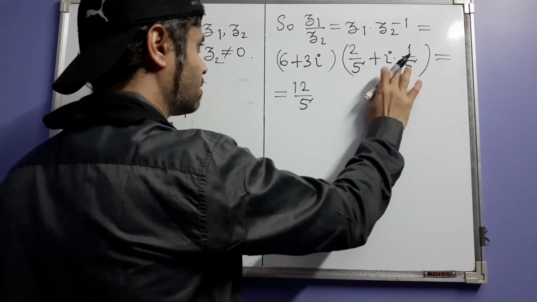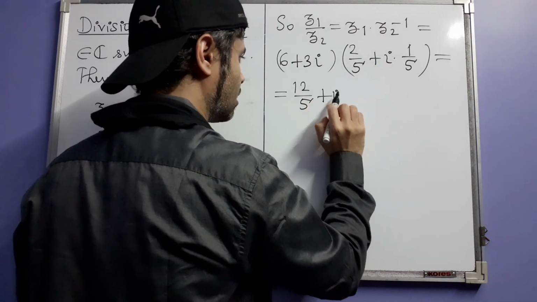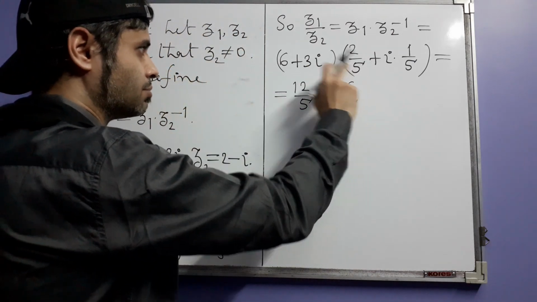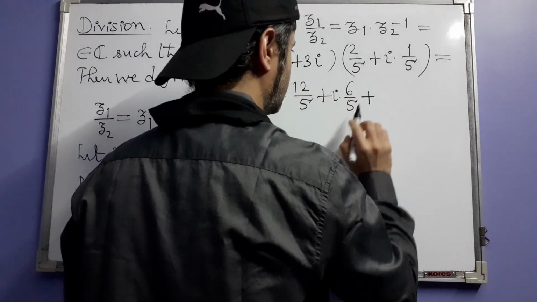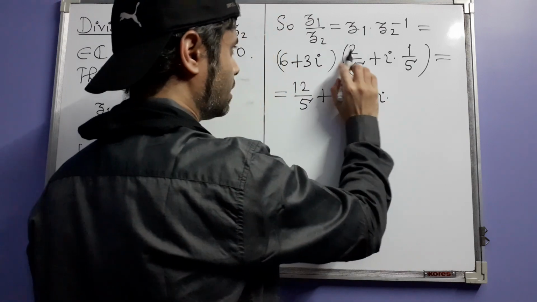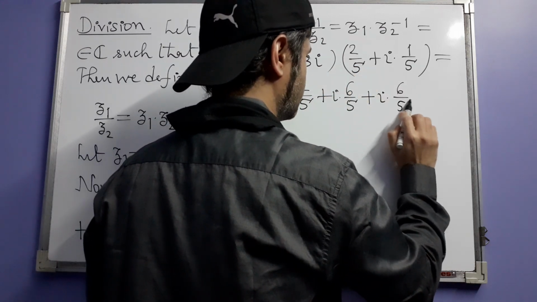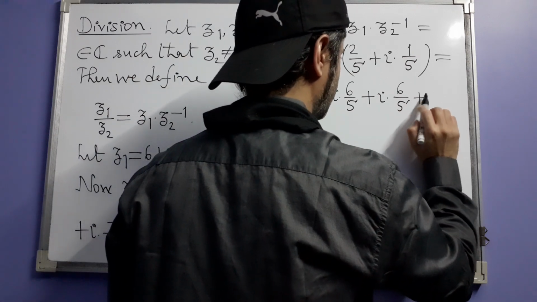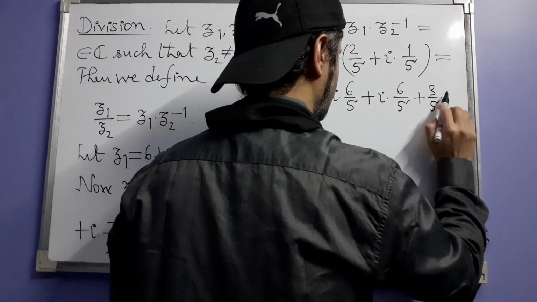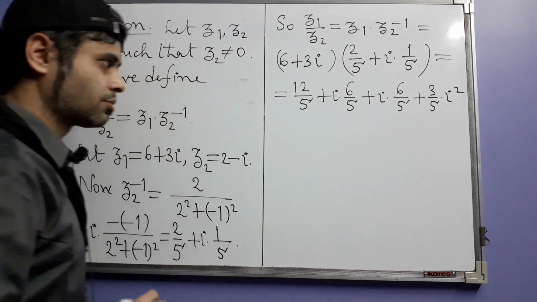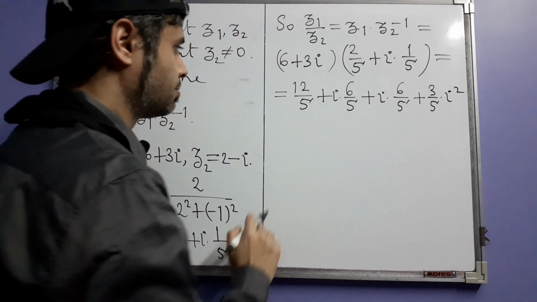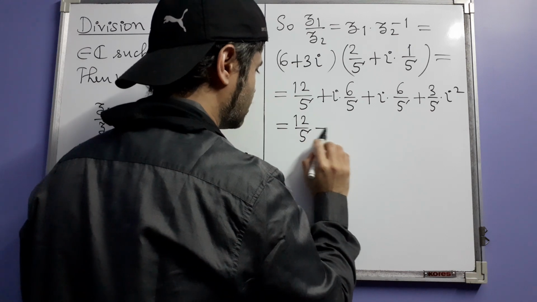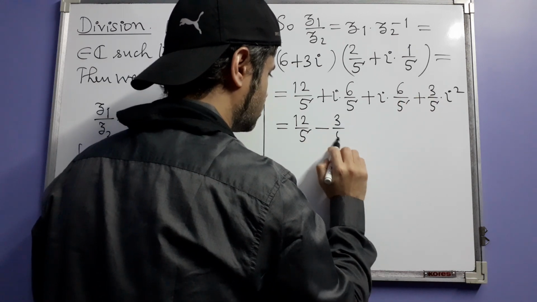Then plus 6 times this is plus i 6 divided by 5. Then this times this is i again 6 divided by 5. And finally the product of these two terms, 3 divided by 5 times i square. So that i square will be minus 1. That is 12 over 5 minus 3 over 5.